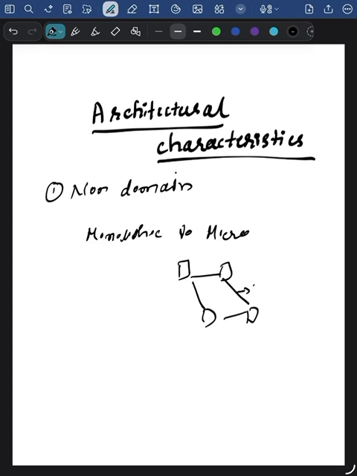Again, one more example is scalability. In monolithic, we cannot scale a monolithic system beyond an extent, right? After some point of time, we have to switch to other software architectural patterns, say again for example, microservices.